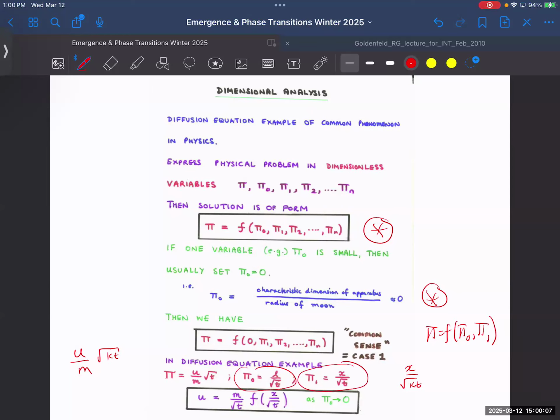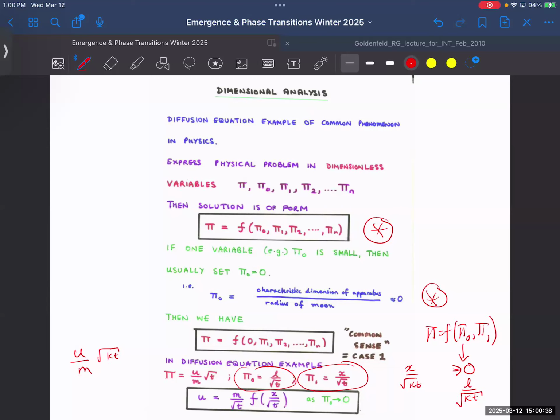And now as I take the long time behavior of the system, pi 0 goes to 0, because L stays fixed, kappa t is going to infinity, and so pi 0 goes to 0. So we just ignore pi 0, and then we get that u is just m over the square root of kappa t times a function of x over the square root of kappa t, as pi 0 goes to 0. That's the long time behavior.